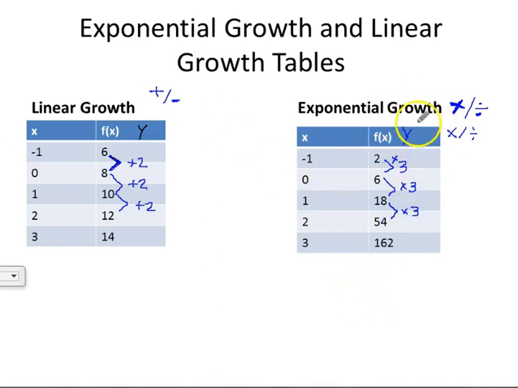So when we show exponential growth in a table, we have a multiple that we're either multiplying or dividing each term by to get to the next term in our f of x or y values. That's the big difference here. You should be able to look at a table and determine right away whether you have linear growth or decay, or exponential growth or decay.